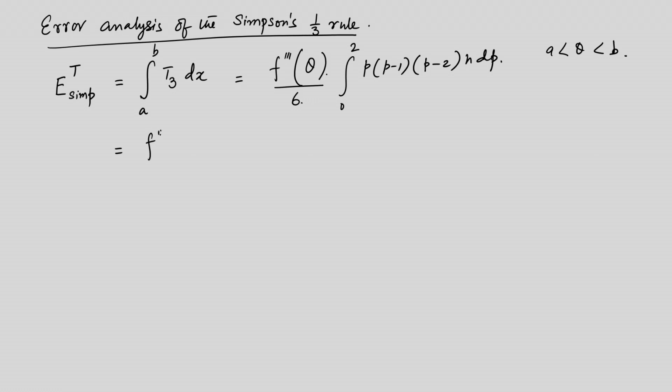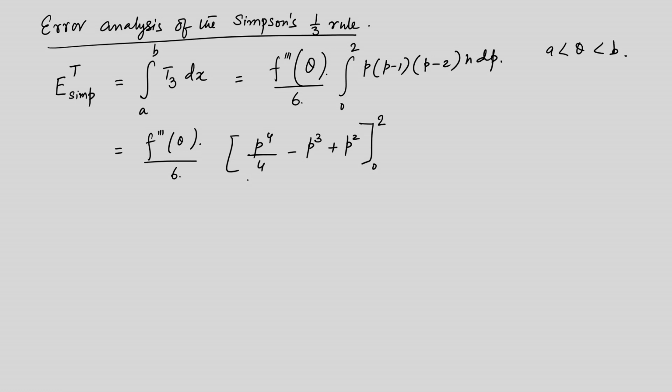So, it is f triple prime theta divided by 6, and we have p to the power 4 by 4 minus p cube plus p square, from 0 to 2, because the range of p is from 0 to 2.